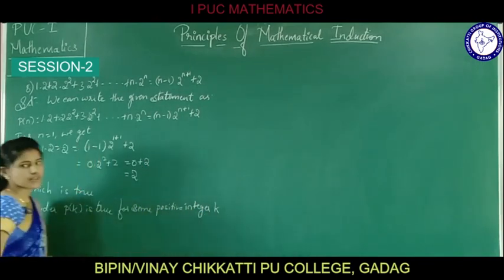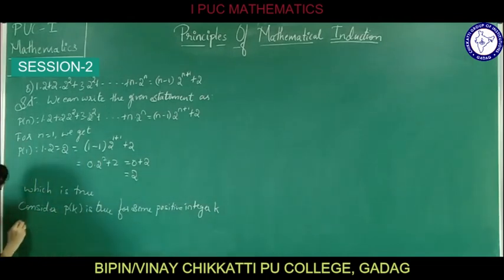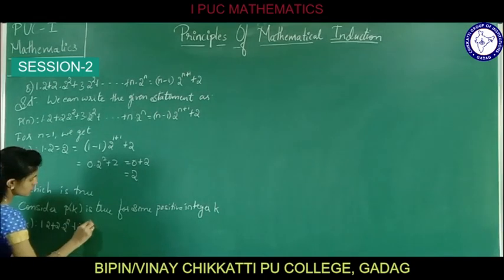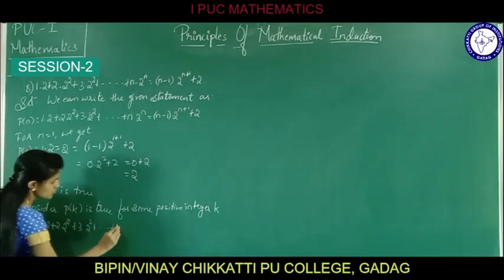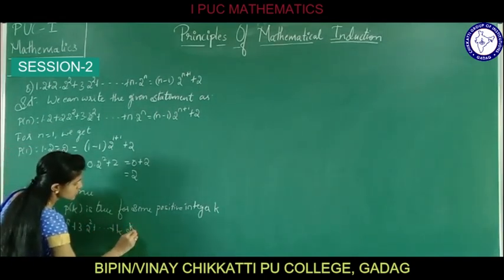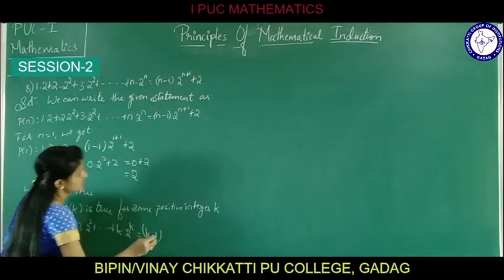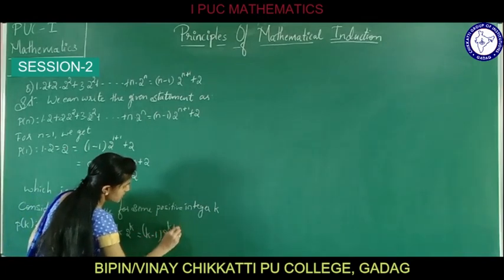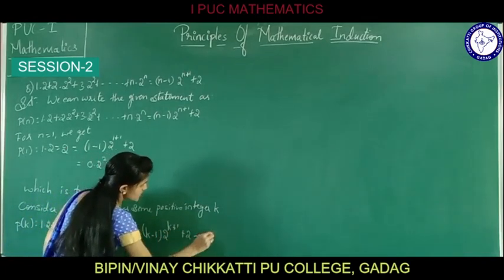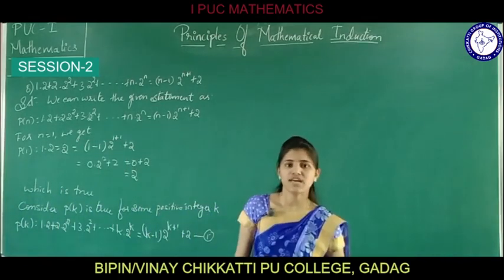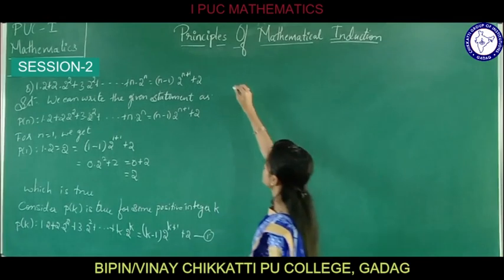This can be written as P of k such that 1 into 2 plus 2 into 2 square plus 3 into 2 square plus so on up to k into 2 raised to k is equal to k minus 1 into 2 raised to k plus 1 plus 2. Consider this as equation 1.